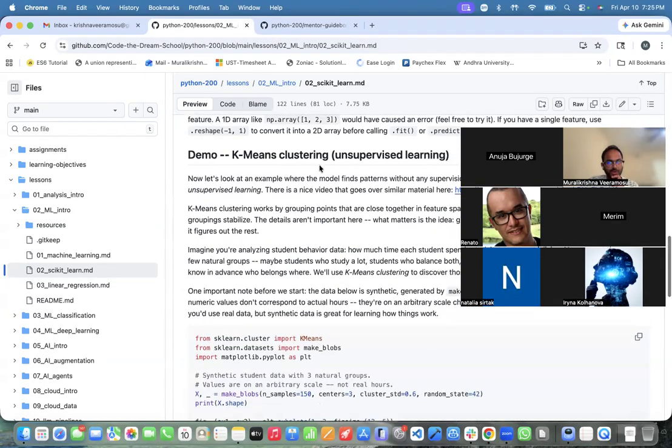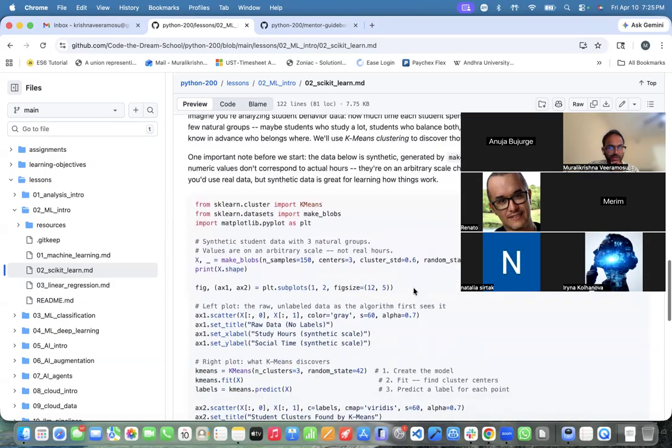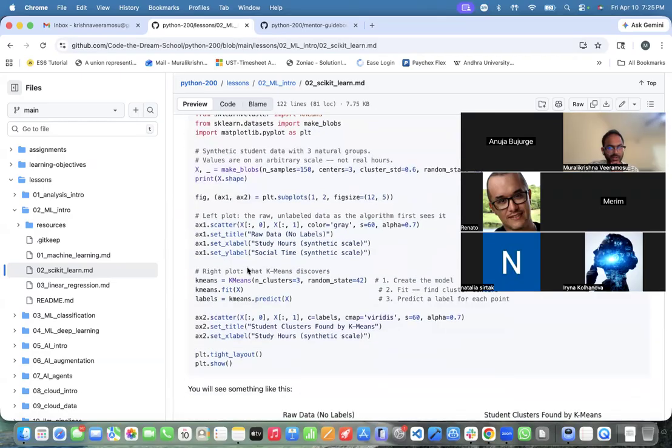If you have to do unsupervised learning, one example is k-means clustering. If you have to do k-means clustering with scikit-learn, it's almost the same code. You take the k-means model, you say convert the data into 3 clusters, and we say fit, and then again say predict, right?